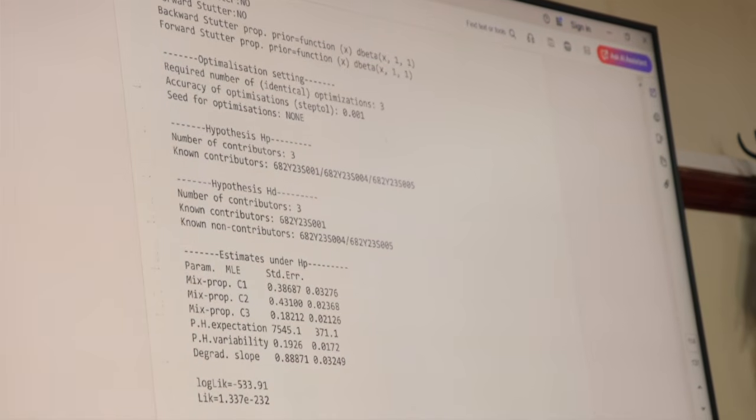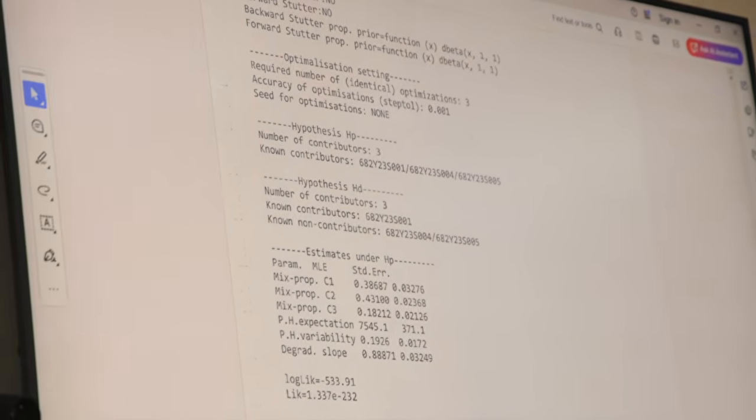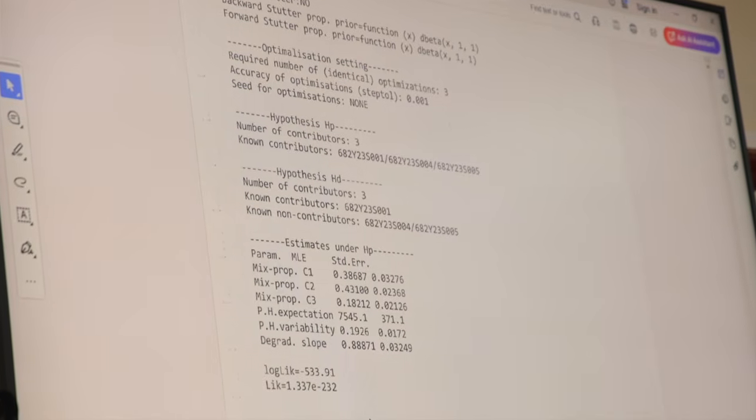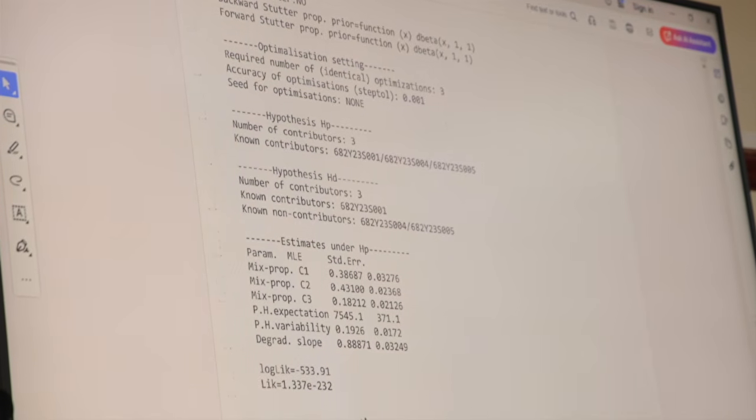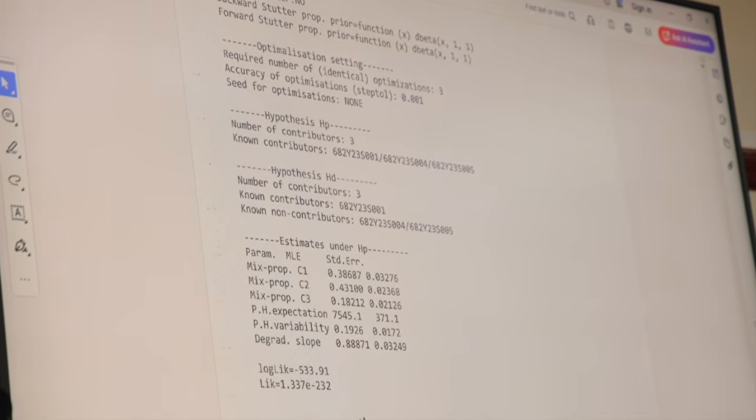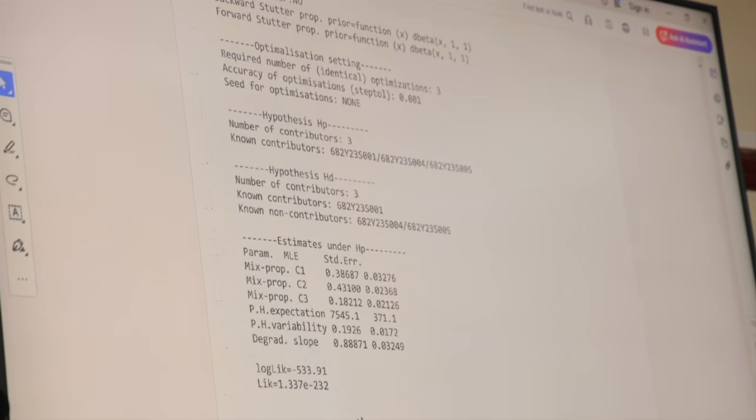By looking at that sample in terms of percentages, you see that Henry's DNA contribution is approximately 38%, right? Yes.